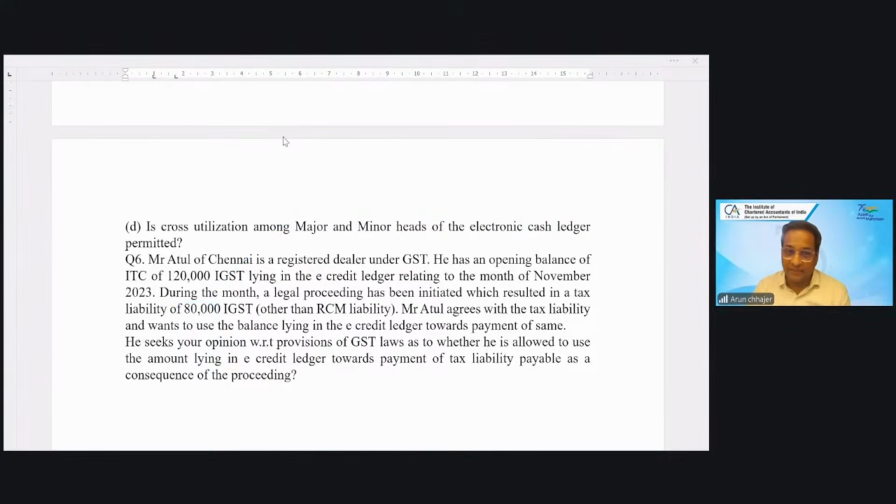Abhimanyu, is it clear? The answer would be yes. They can use the ITC for paying the tax liability.